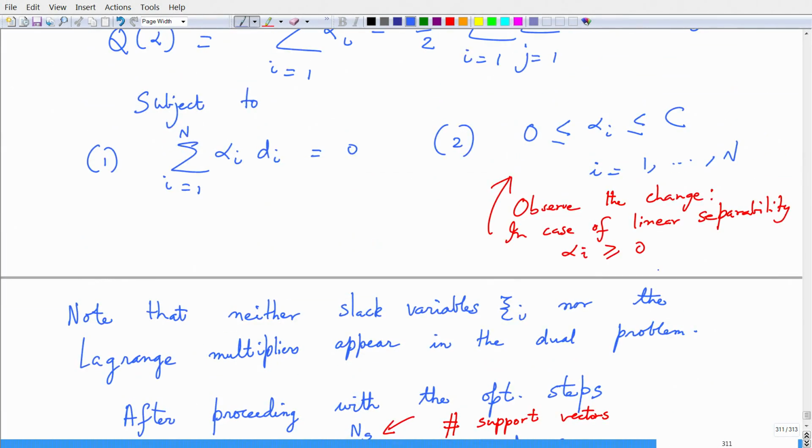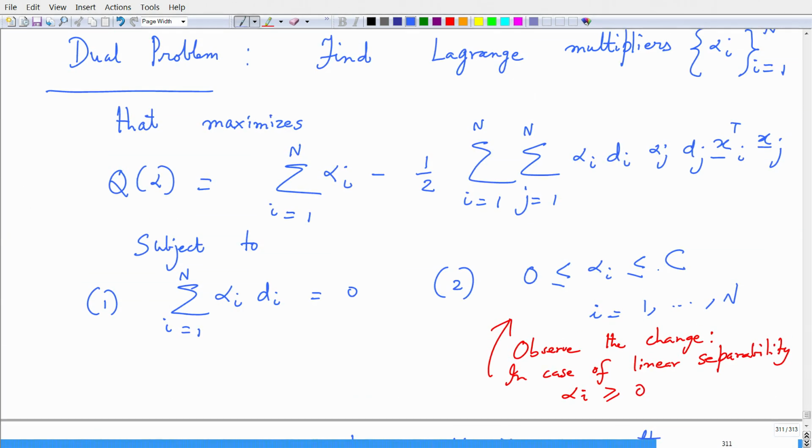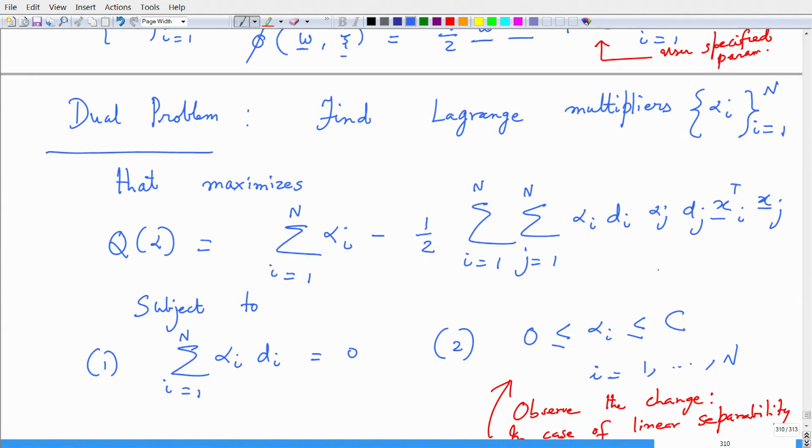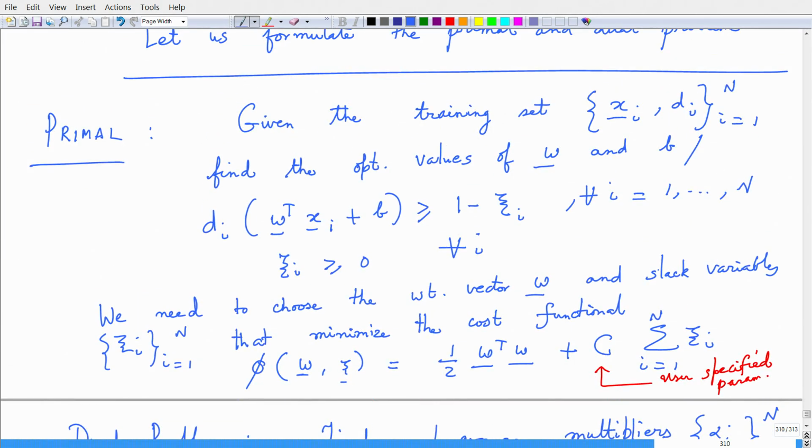So what is important conceptually in our discussions, of course, I deliberately avoided a lot of derivations in this module because these will be exercised as part of your homework.